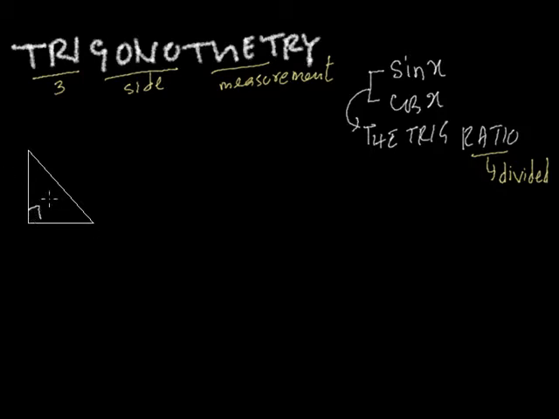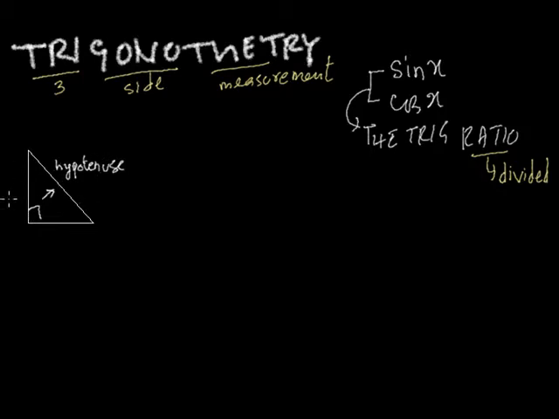And one of the most important things to remember, the side opposite the right angle is called the hypotenuse, which means it is the longest side, because in a right angle triangle the largest angle is 90 degrees. So the side opposite the 90 degrees is the hypotenuse.